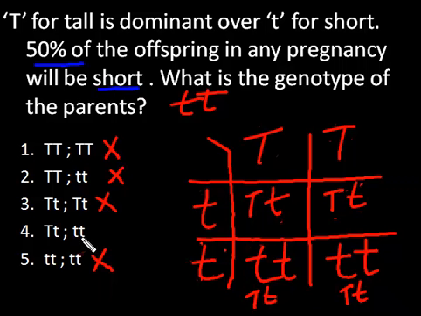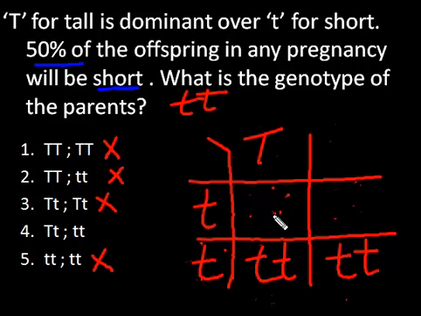So we can see that the remaining option is most likely the right answer, and let's work it out. We have one parent who is heterozygous tall and one parent who is short.